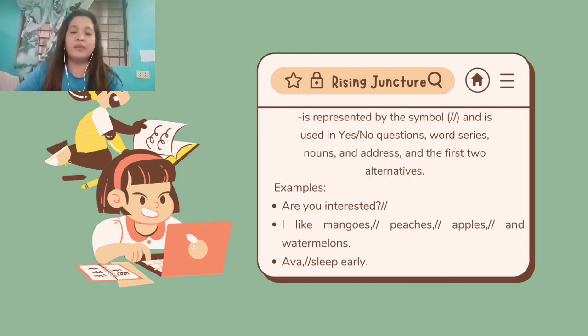Examples are, are you interested? I like mangoes, peaches, apples, and watermelons. Ava, sleep early. Kung saan nakalagay ang dalawang guhit, ibig sabihin ay doon ang pause or what we call juncture.